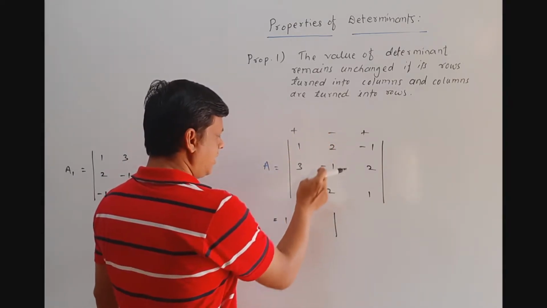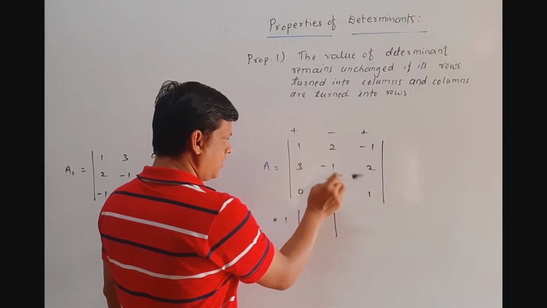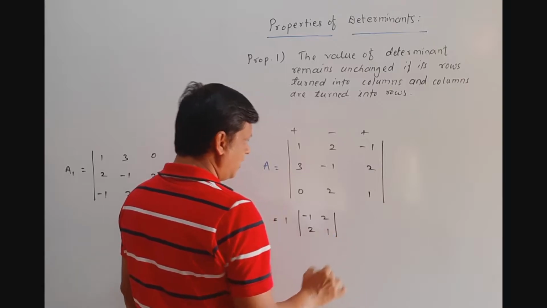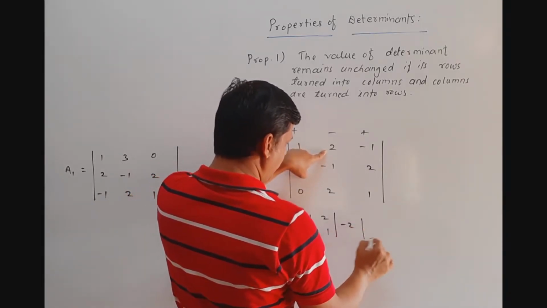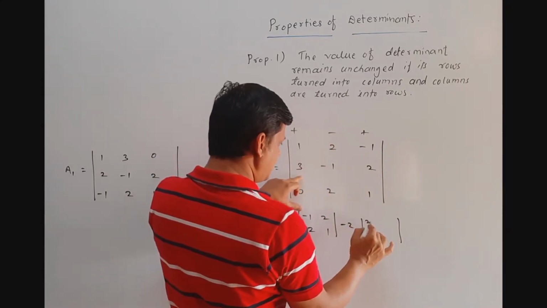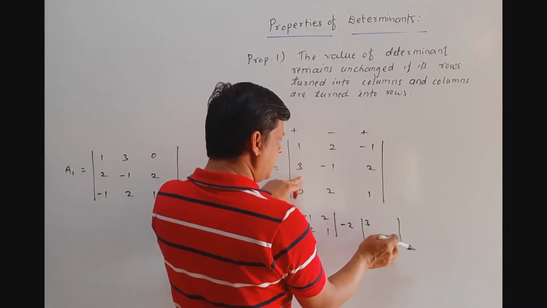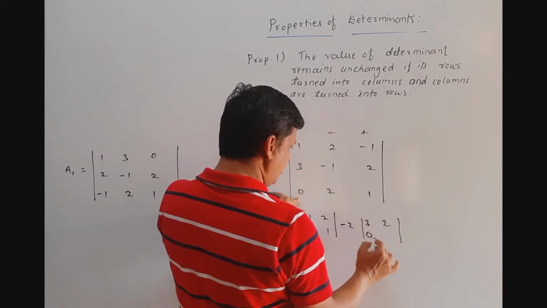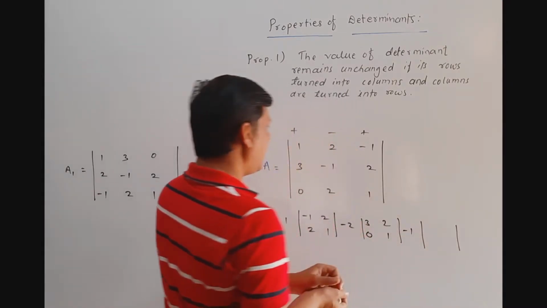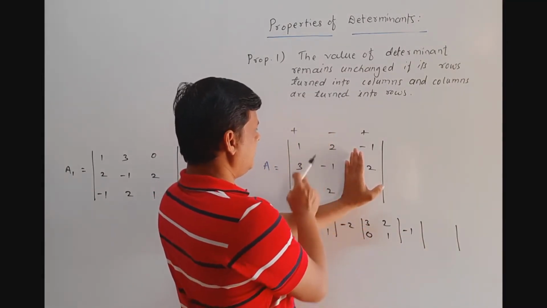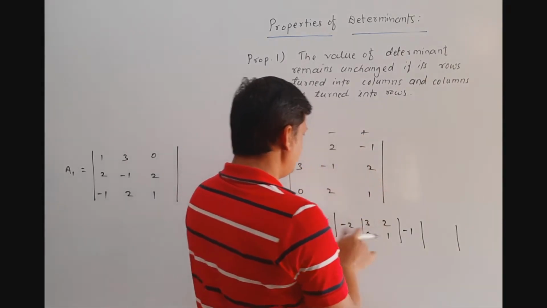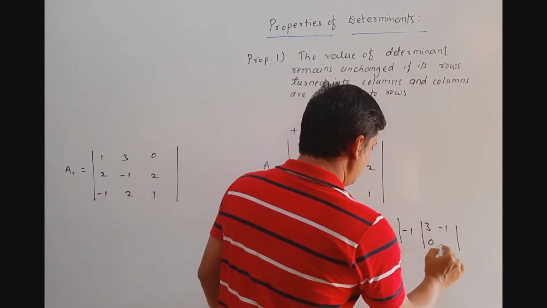So we write in multiplication to this 1, determinant having elements minus 1, 2, 2, 1. Then minus 2, we skip first row and second column, so write elements of this determinant as 3, 2, 0, 1. Then plus, we skip first row third column, elements as 3, minus 1, 0, 2.